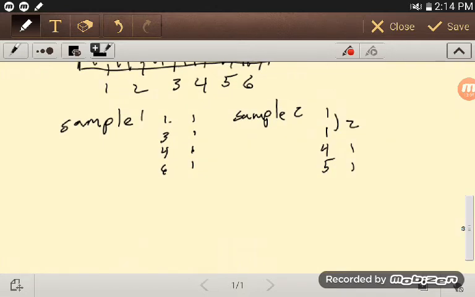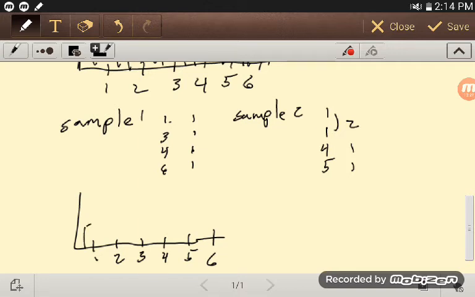Now here, if I roll it 4 times, I can't possibly get exactly that distribution. So here's 1, 2, 3, 4, 5, 6. I will not get exactly that same bar chart. Can't if I only roll it 4 times, because there are 6 numbers. So in this case, I got that, that one, and that one.